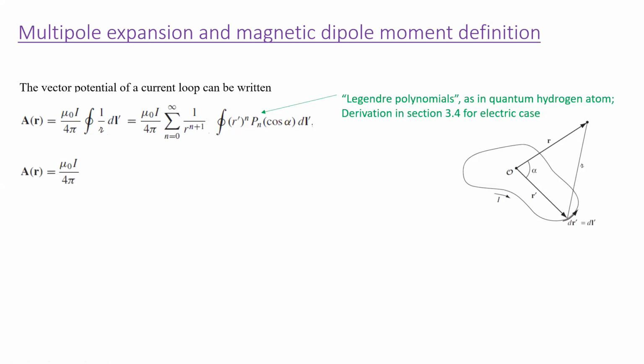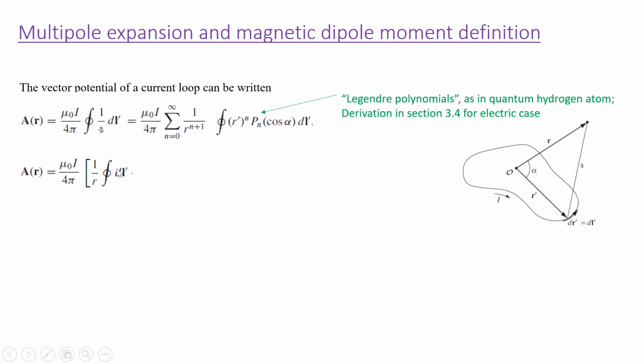Okay, so let's get down to the actual terms and what they look like. In this sum, for n equals 0, we have r to the 0 plus 1, so we have 1 over r, and r prime to the 0 for n equals 0 is 1, and the first Legendre polynomial is 1, so we just get the integral of dl prime.